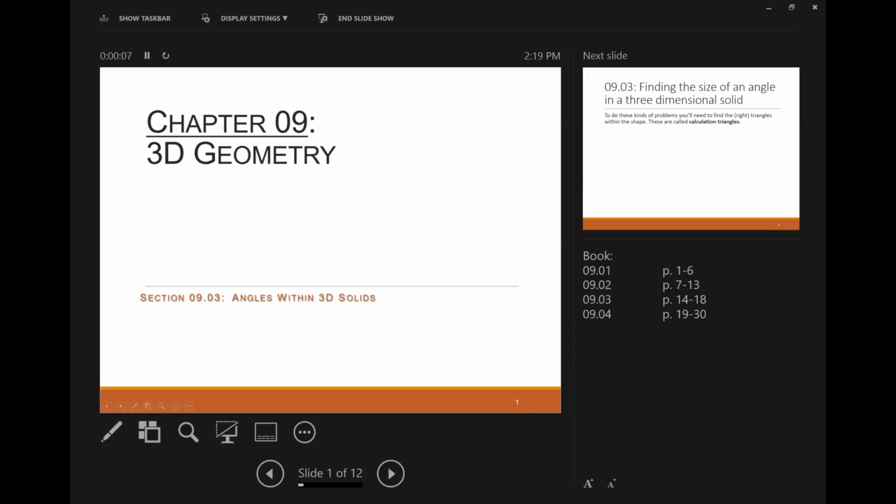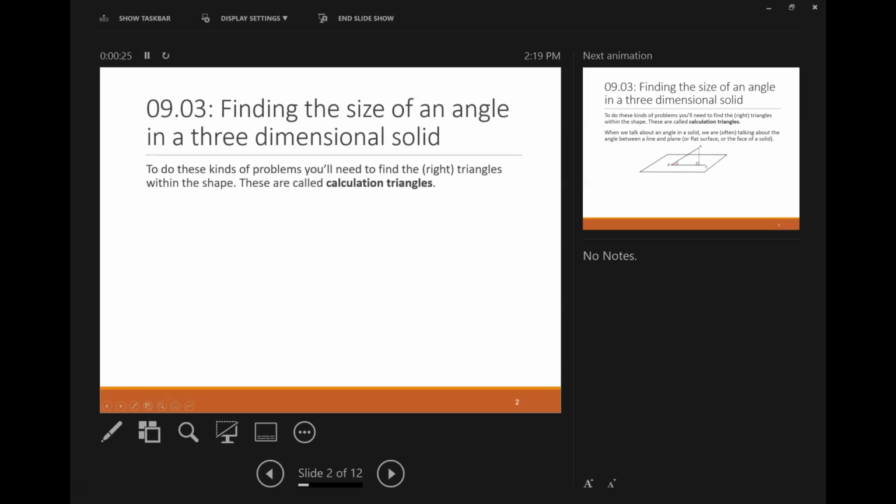Let's now look at angles inside of these three-dimensional figures. This is going to be very similar to what we just dealt with. We're still going to be making calculation triangles and all that. Just this time we're going to be solving for angles instead of side lengths.